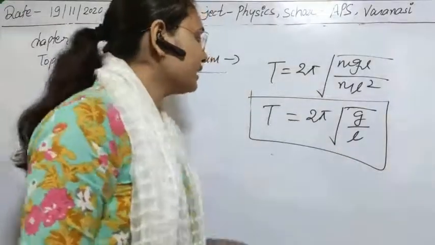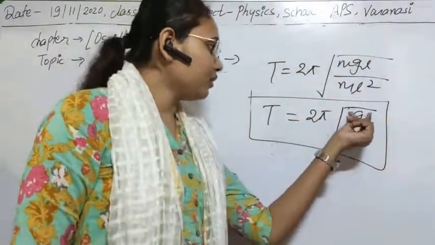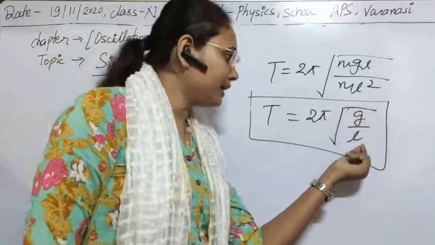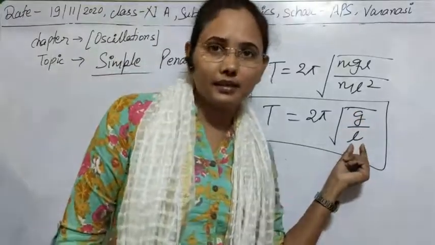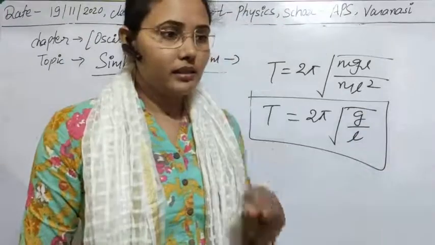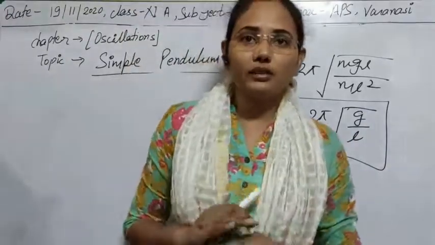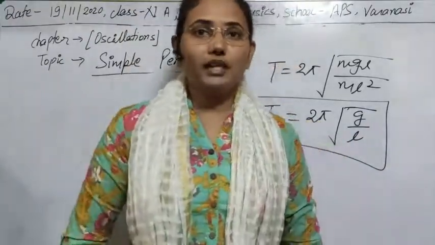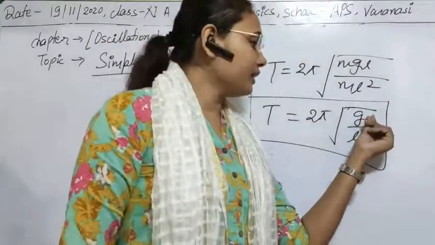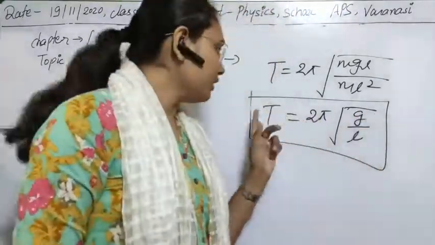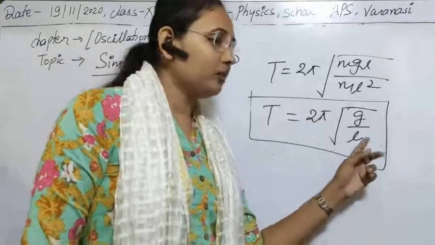Here we are seeing that T is dependent on the acceleration due to gravity and the length of the thread that is taken. If we are performing the experiment on the surface of the ground, then g is constant, and it will depend on the length of the system.